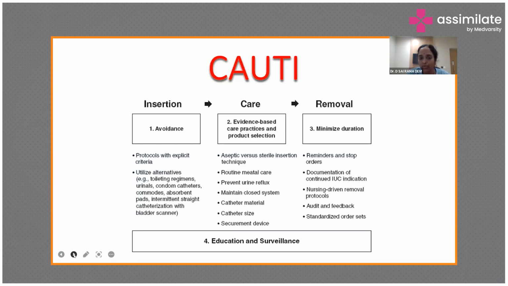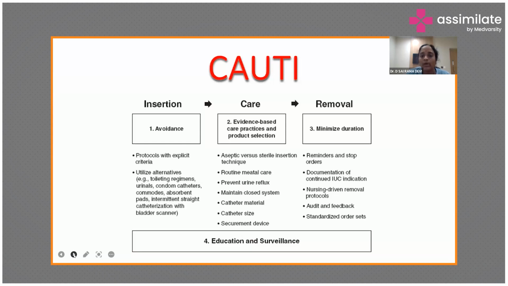The system should not be open at any point. And you have to go for a smaller size catheter, place it properly above the thigh, and the system should always be below.